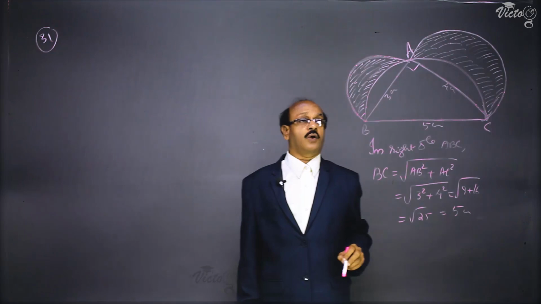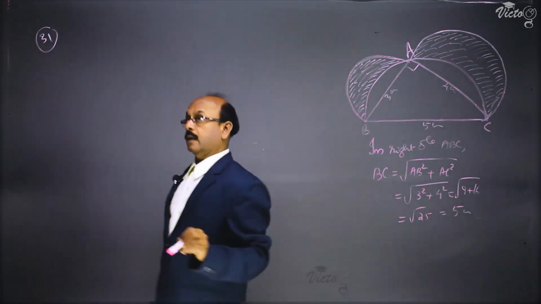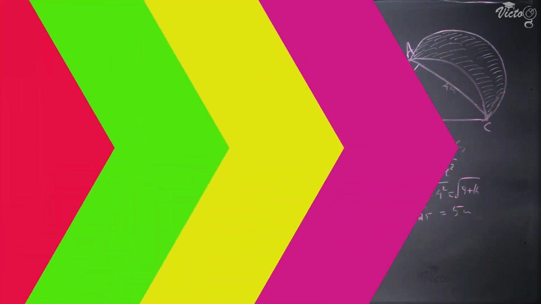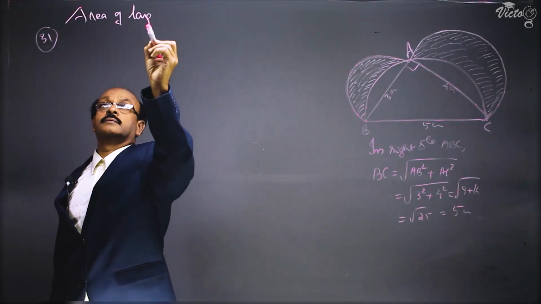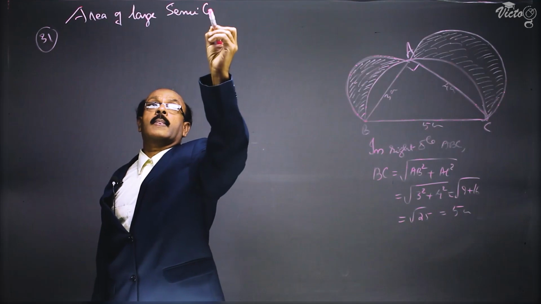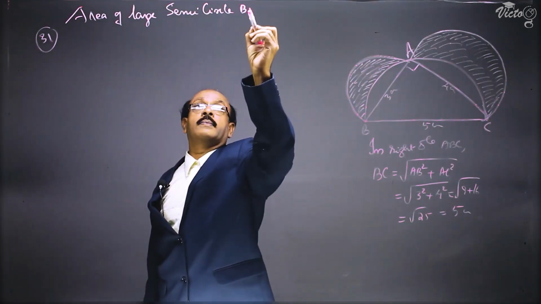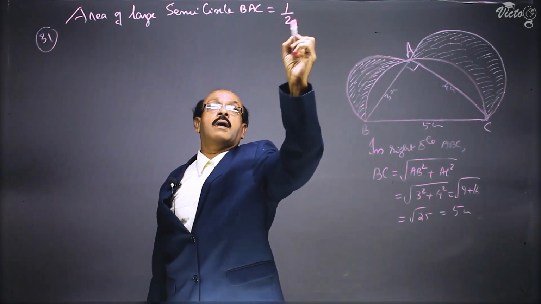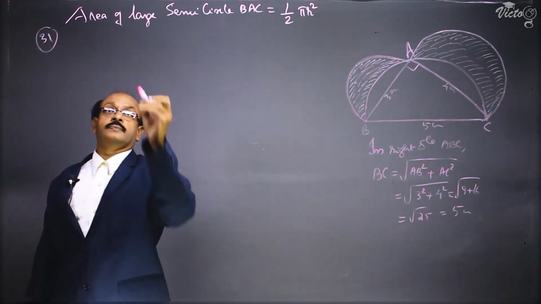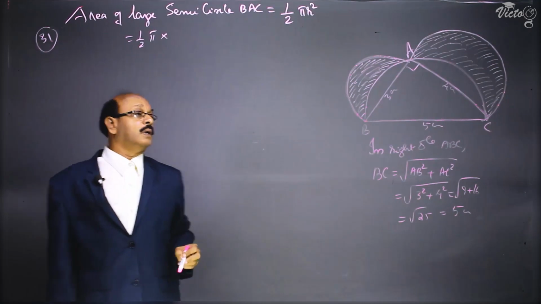Area of large semicircle BAC. The formula is half pi r square, which is equal to half pi into radius.